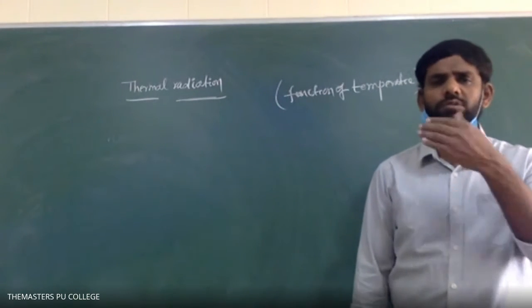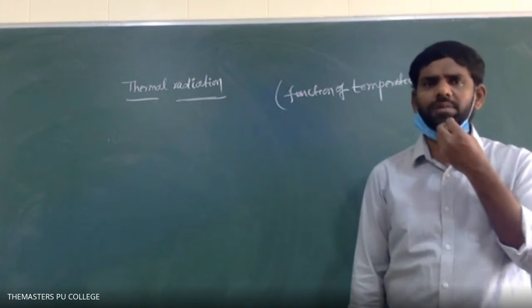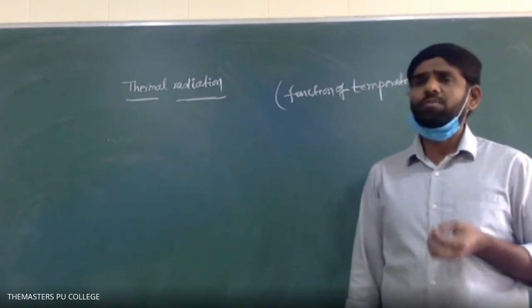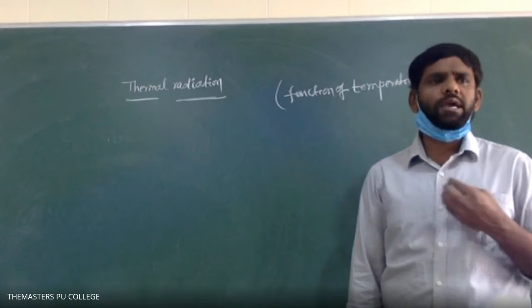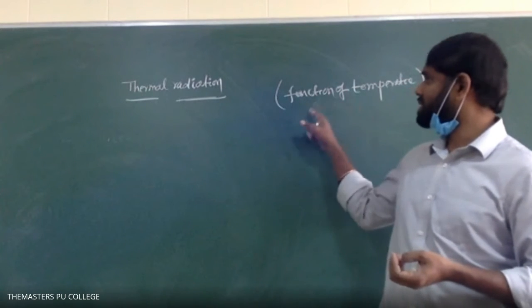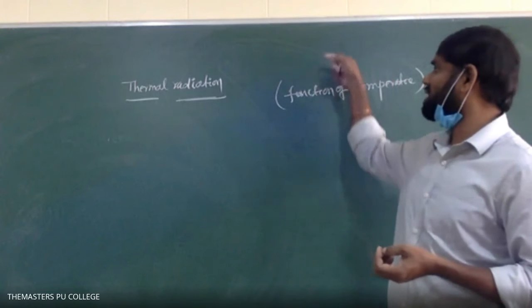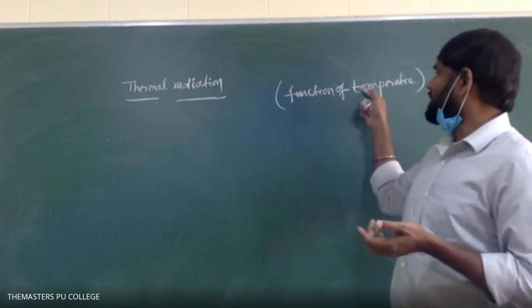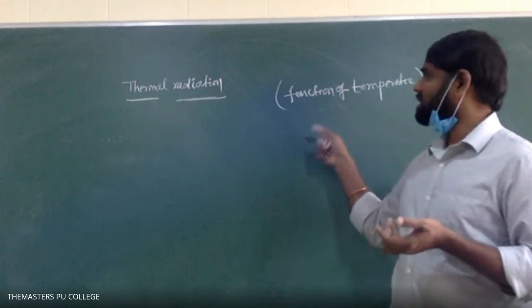Just go through the sentence you have written. The emission of electromagnetic waves due to the expense of internal energy. Internal energy is a function of temperature. If the temperature is more, internal energy is also more; if the temperature is less, internal energy is also less.